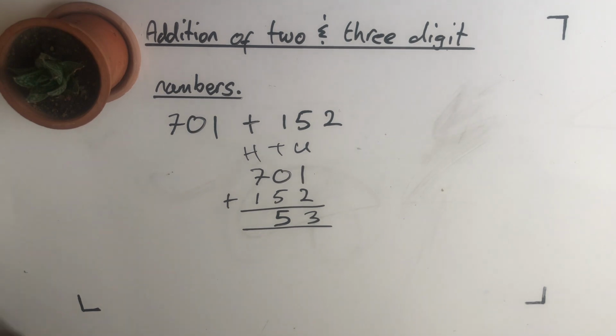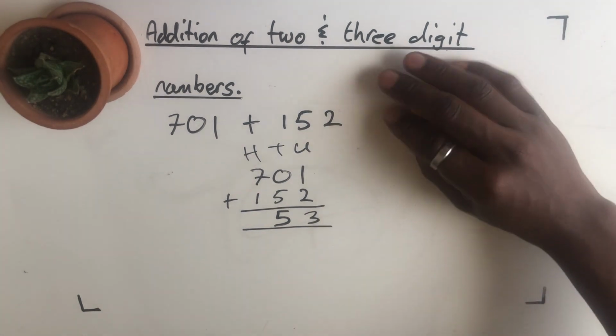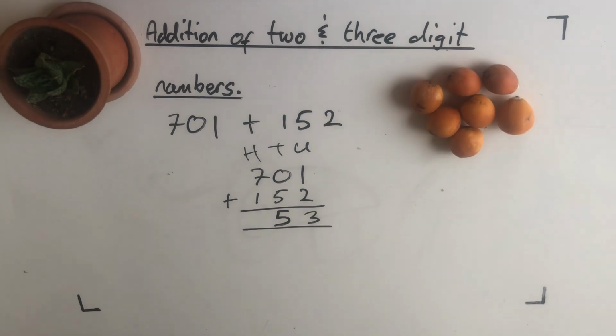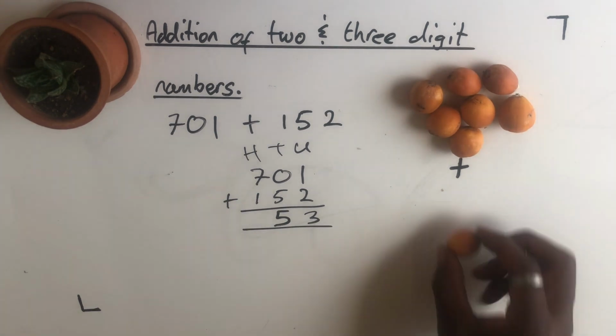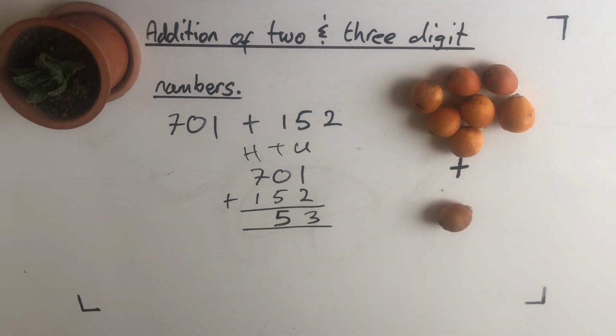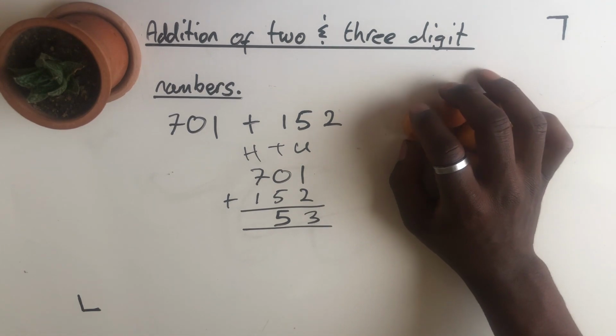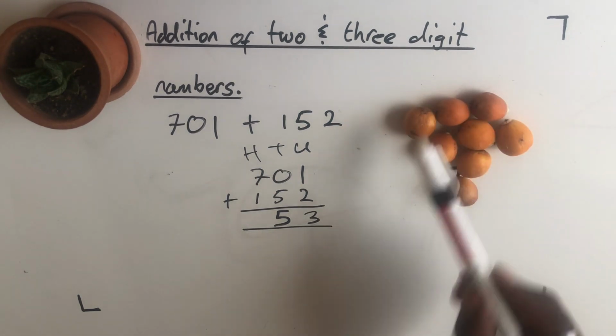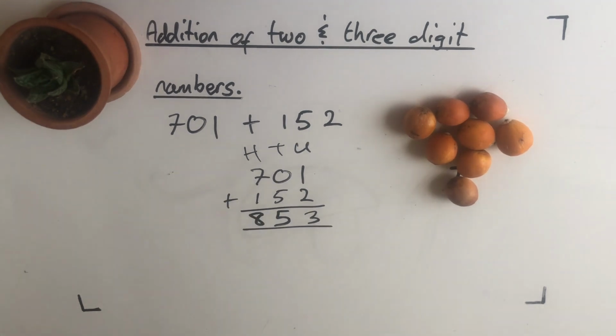So if I take 7 hundreds, that's 7 little fruits to represent, right? That's 7 plus 1. If I put these together, that gives me 1, 2, 3, 4, 5, 6, 7, 8. So my final answer is 853. Okay?